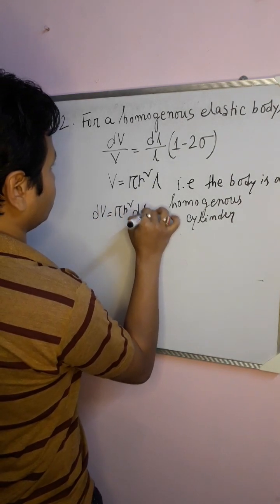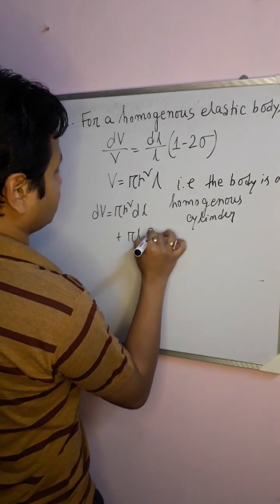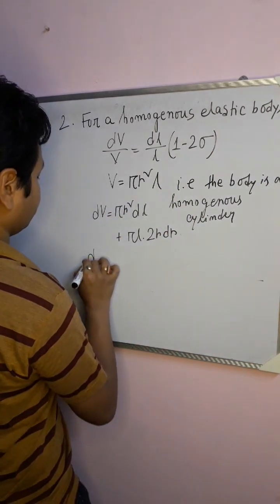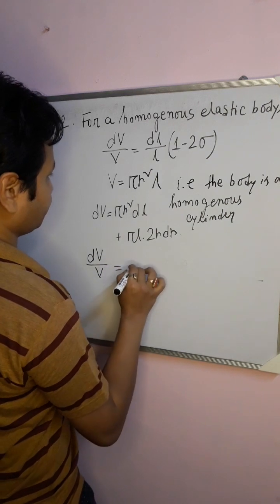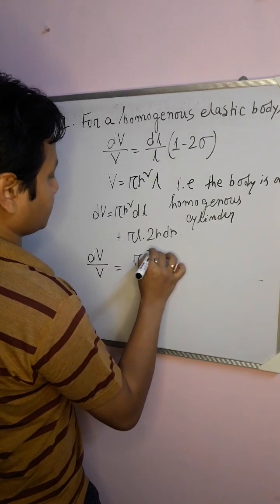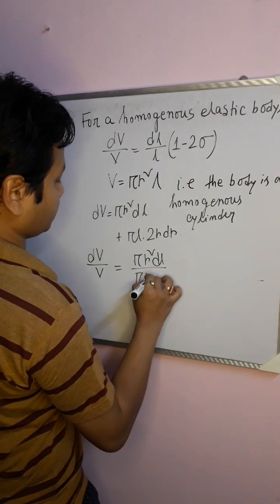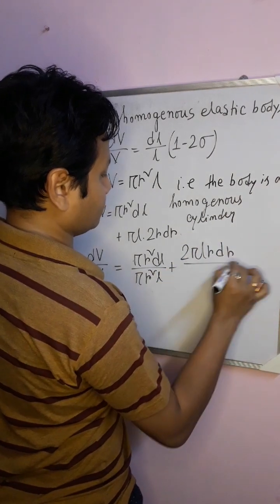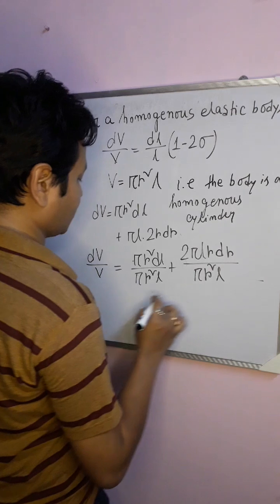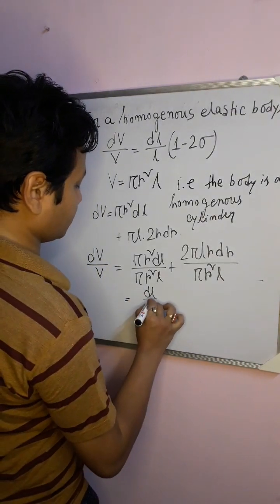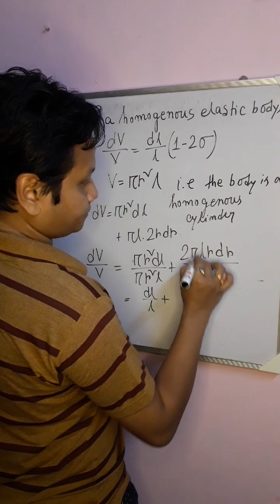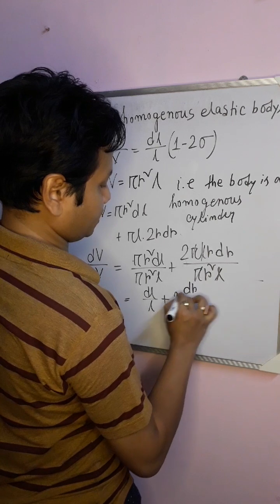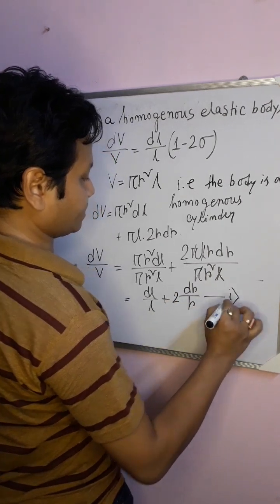Pi r square dl plus 2 pi r L dr. Now what will be my dV by V? dV by V will be pi r square dl by pi r square L plus 2 pi L r dr by pi r square L. From which we can write dl by L plus 2 dr by r. Let us call this equation 1.